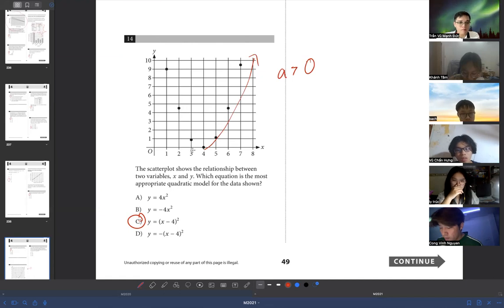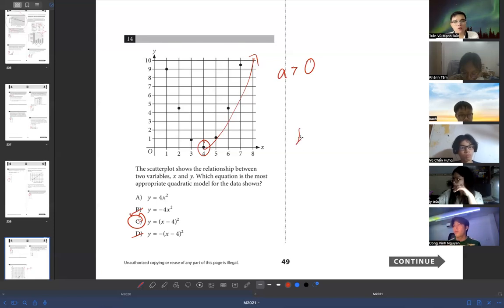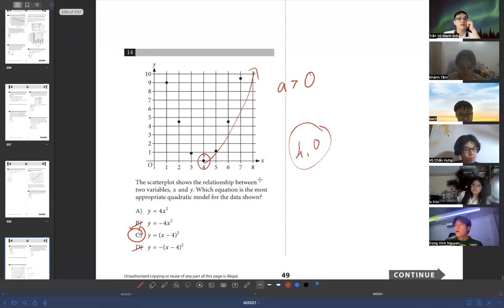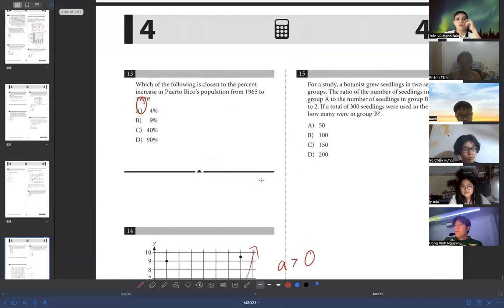And we could just replace some of the numbers in. In this case, I can easily find that this is the vertex, and the vertex is 4, 0. And we can just choose C because the vertex form is 4, 0. Or you can plug in the values and you get C. Right, 15.